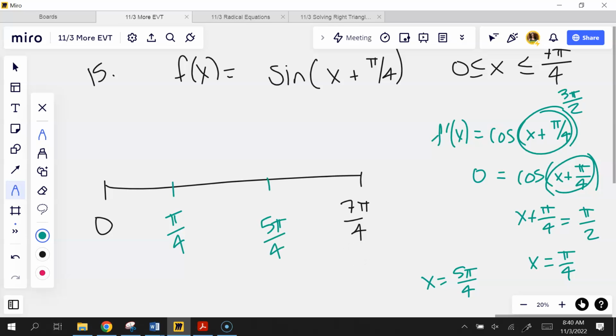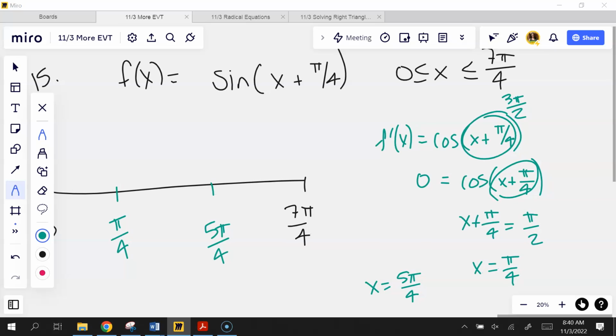Okay, so on my unit circle, cosine is 0 at 2 places. Pi over 2 and 3 pi over 2, right? Those are the only places on there where cosine is 0. So what I did was I said, okay, what would I need to plug in for x in order for this whole parentheses to be pi over 2?